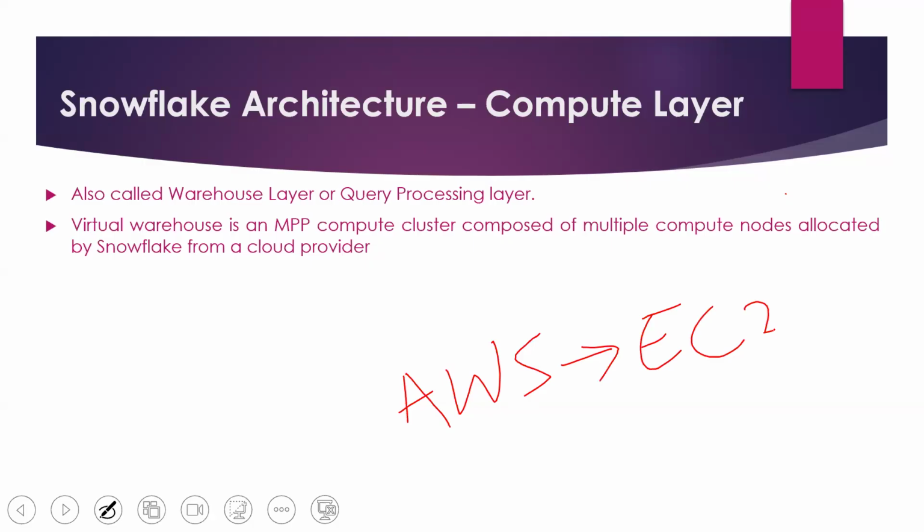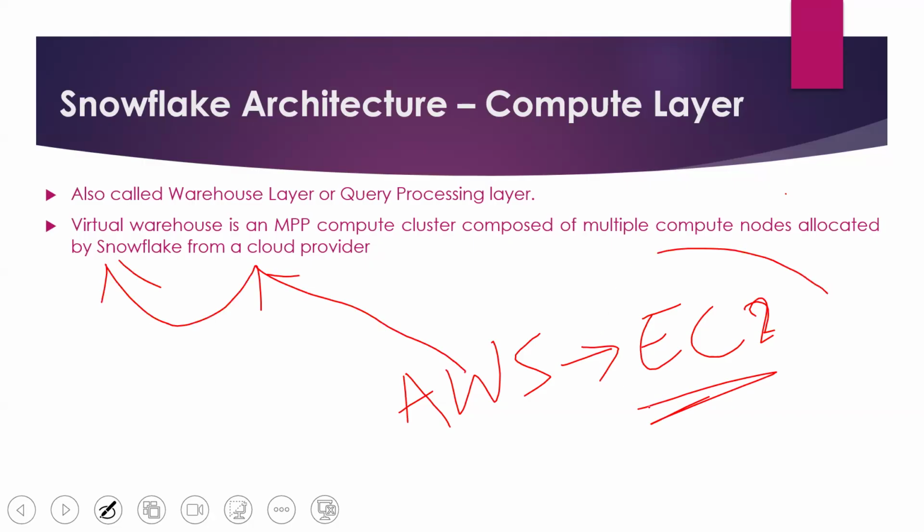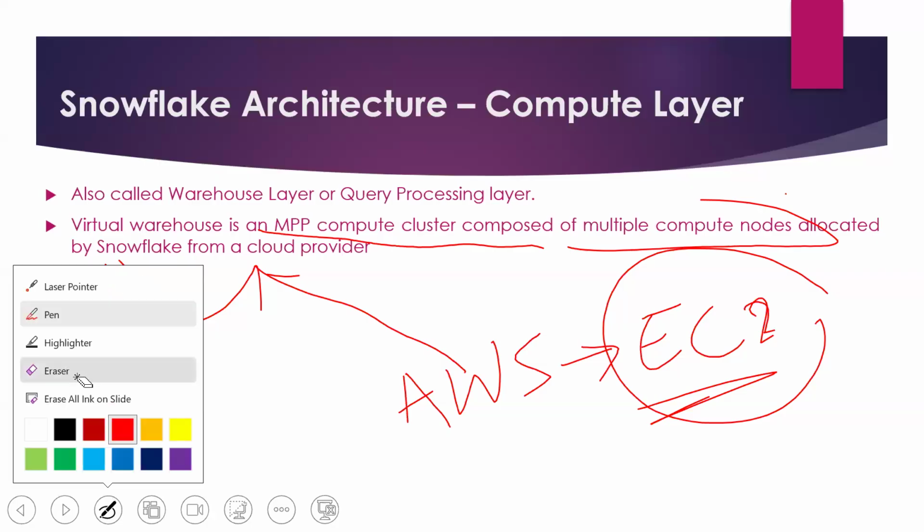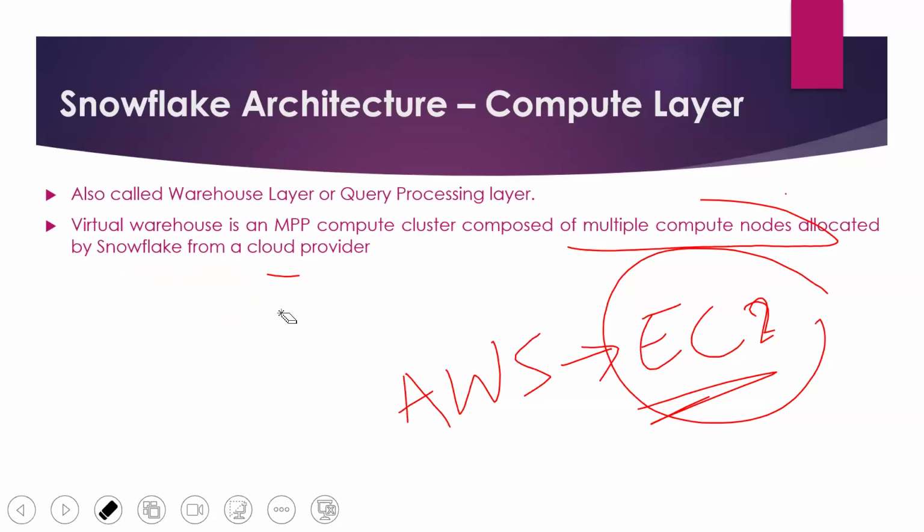This is another service which has the nodes. EC2 will provide the nodes. So these nodes are provided by the AWS cloud provider to Snowflake. These EC2 instances are my MPP compute cluster composed of multiple compute nodes. Clear?